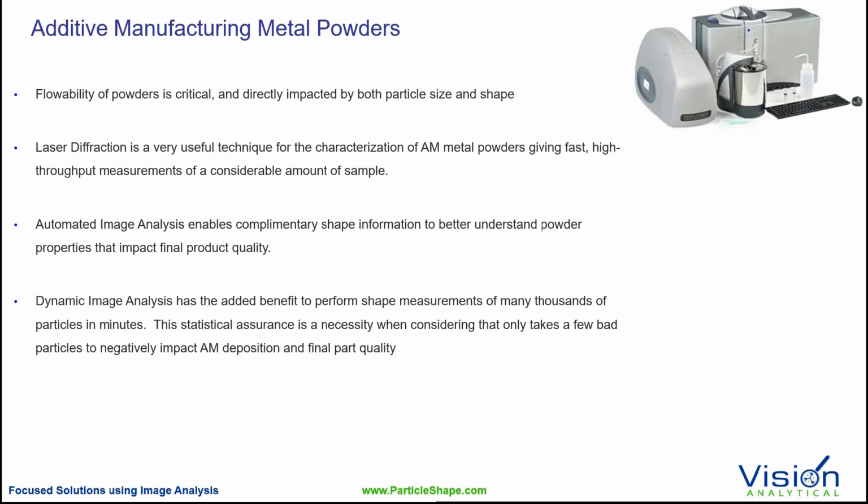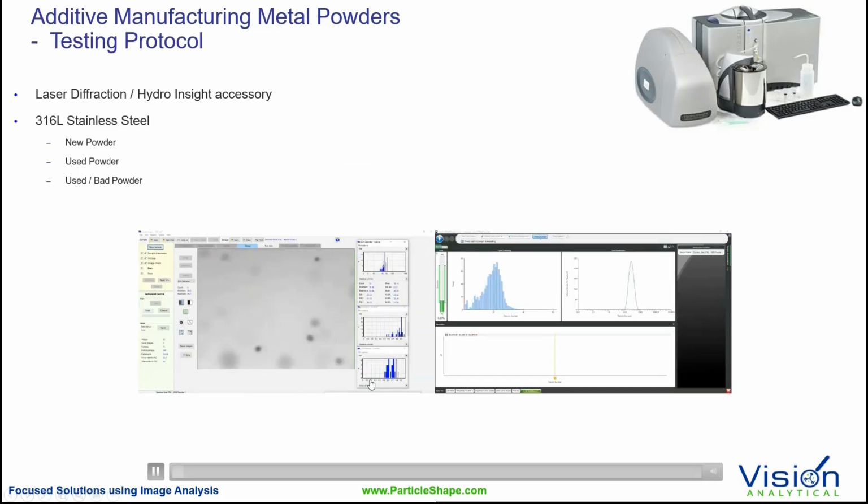If you can imagine, it only takes a few large fused particles to clog up an additive manufacturing nozzle as it's depositing particles. Also, if these particles are not spherical in nature, they can easily affect the quality of the final product of the part. So we'll be talking about dynamic image analysis.